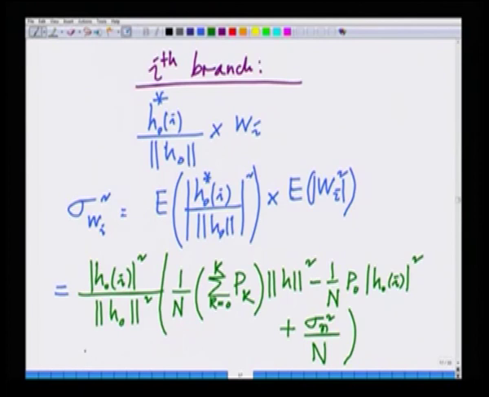All right. So, this is the expression for the interference after weighing by the weight corresponding to the ith branch.